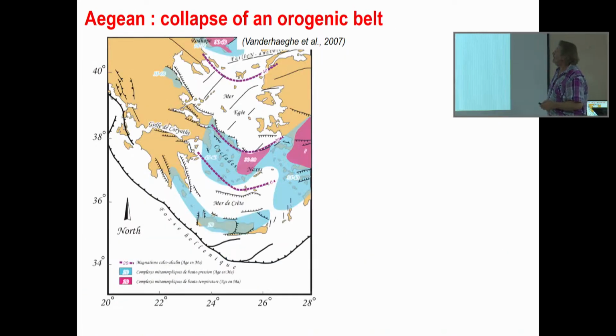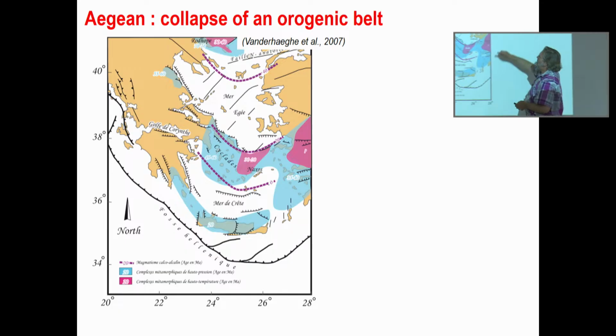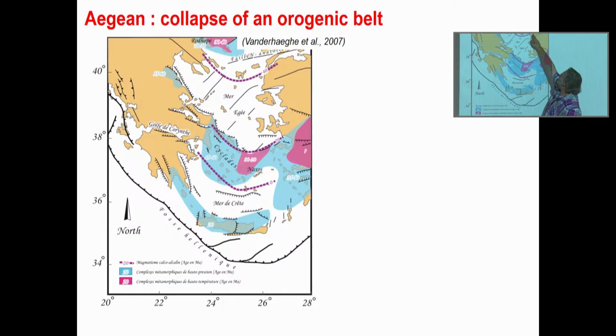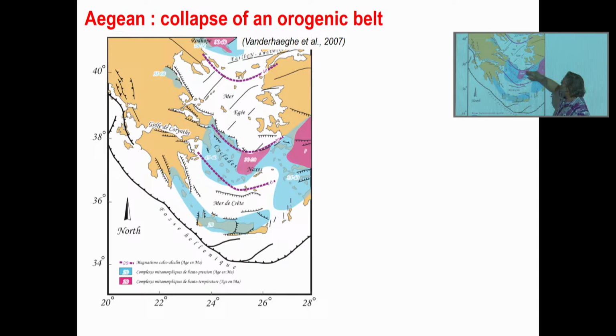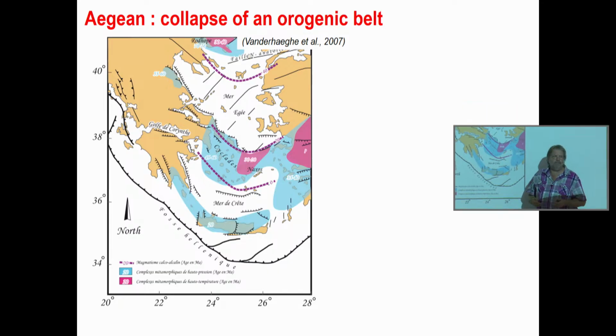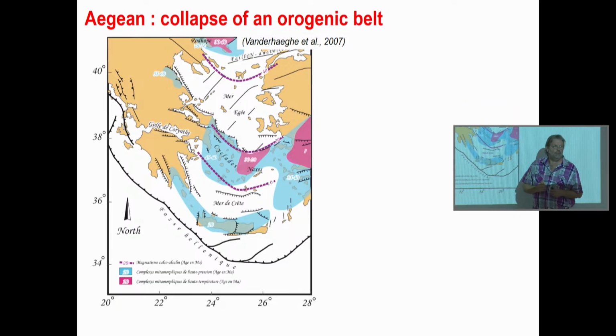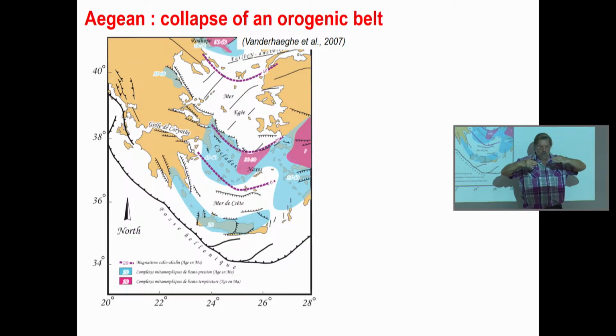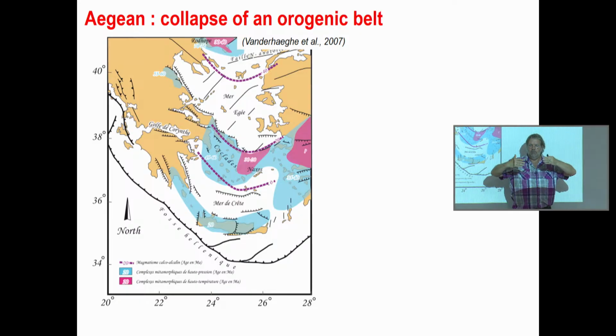That's for the setting. That was the first evidence for retreat. This purple dotted line represents calc-alkaline magmatism, and calc-alkaline magmatism is typically associated with subduction. You know that arc magmatism requires the plate to be subducted at a depth of about 100 kilometers, which controls the amphibolite-eclogite transition.